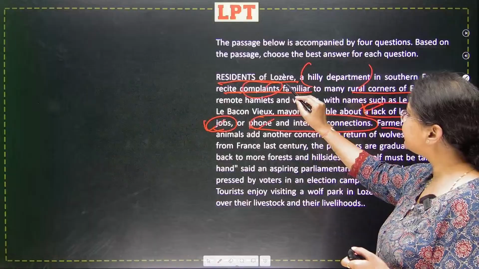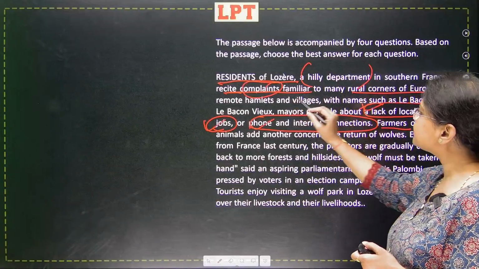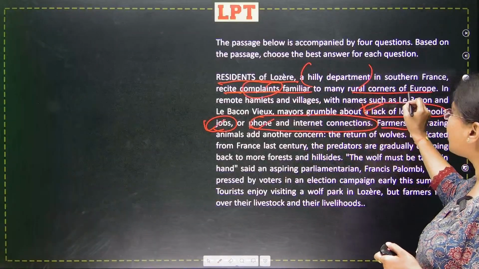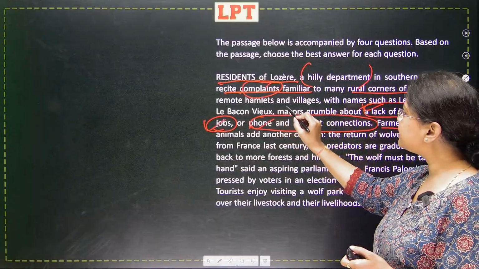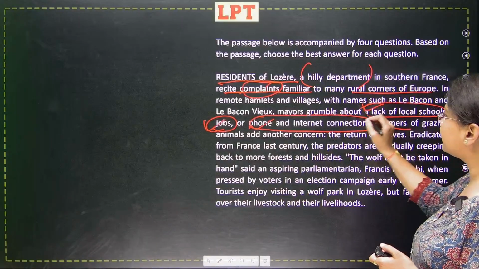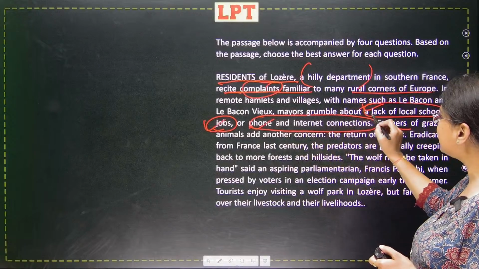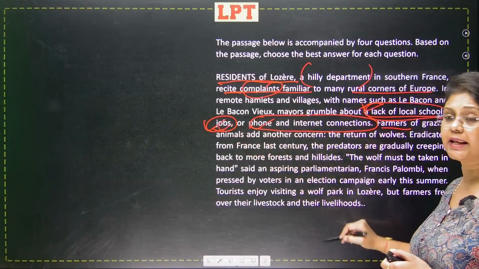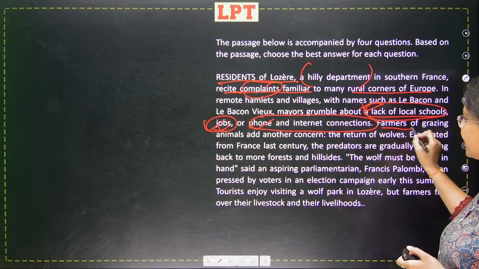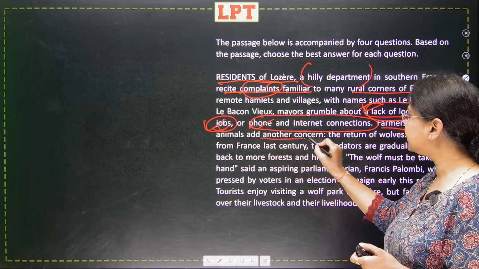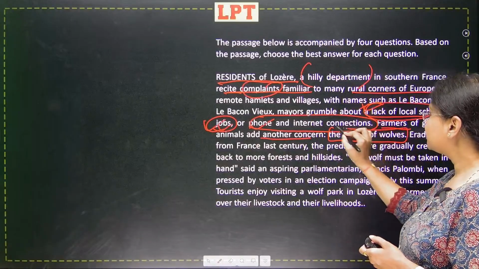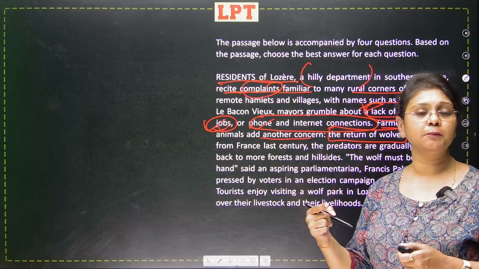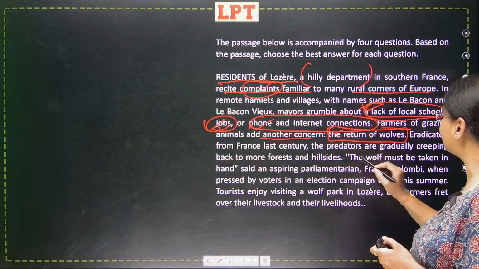It says residents of Lozère in southern France recite complaints familiar to many rural corners of Europe. Remote hamlets and villages, mayors grumbled about lack of local schools, jobs and phone and internet connections. Then farmers of grazing animals add another concern, the return of wolves. So there is one more important concern here, which is the return of wolves.